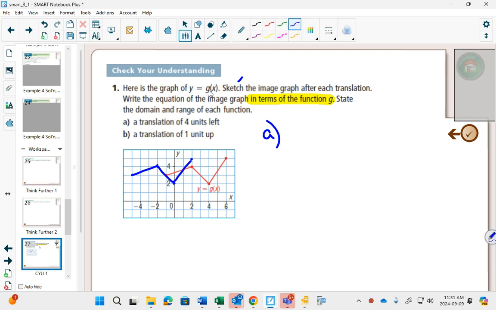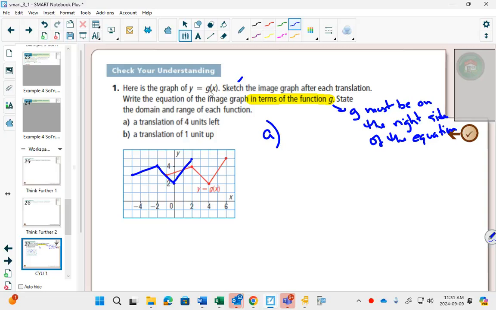In terms of means that g must be on the right side of the equation. So you need to write an equation, and if it says in terms of something, you know that whatever they say in terms of needs to be on the right-hand side.